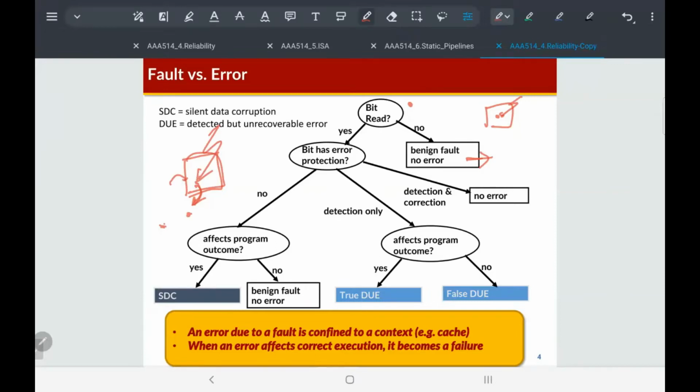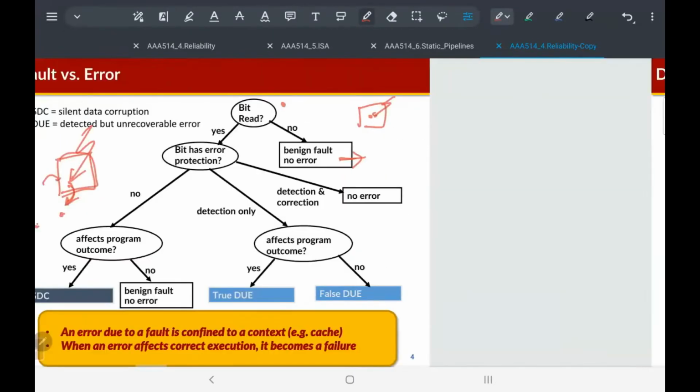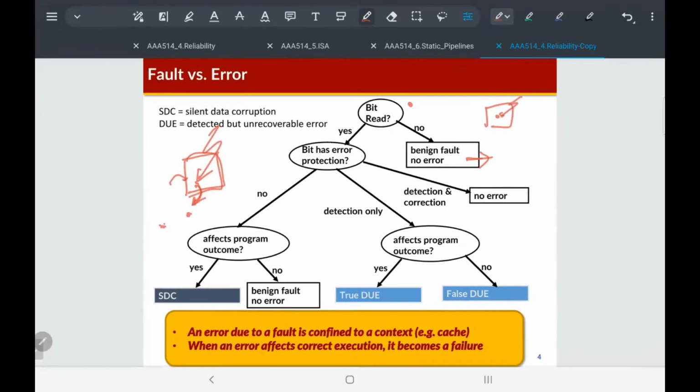Okay, think like this. In a server computer system, you can use ECC DRAM. We frequently apply SECDED for our ECC DRAM, which means single error correction and double error detection.